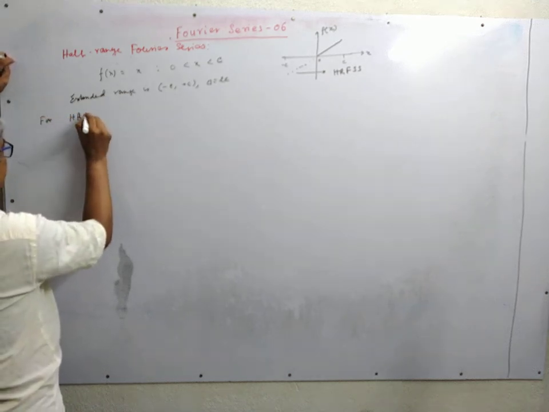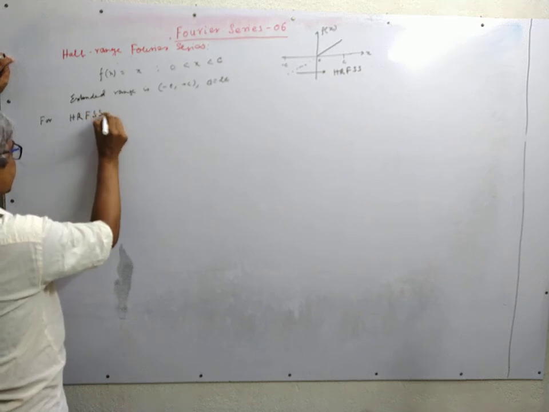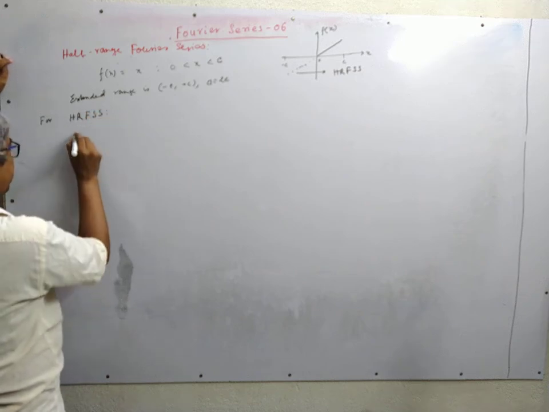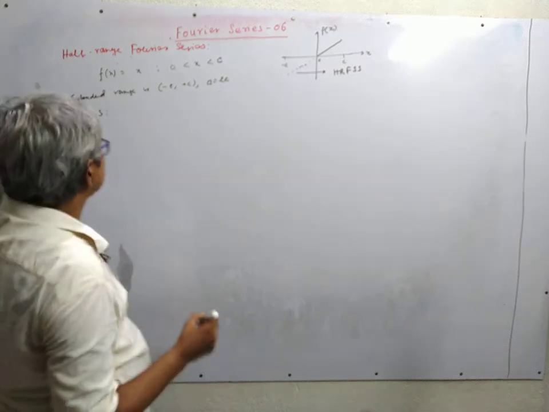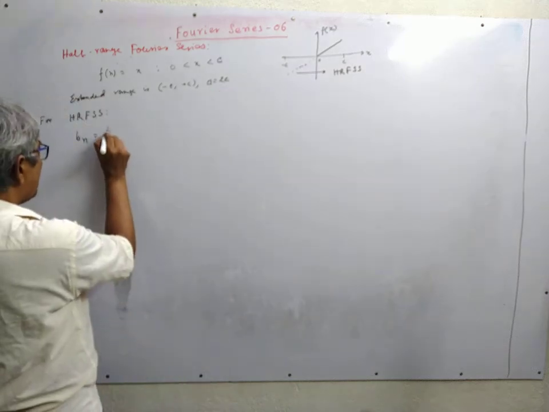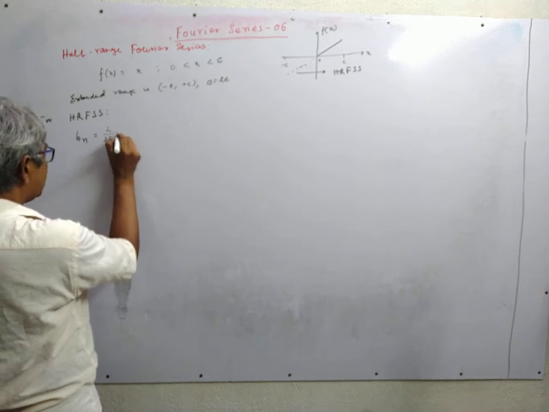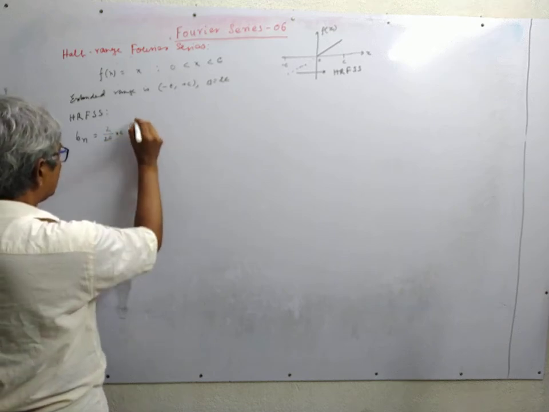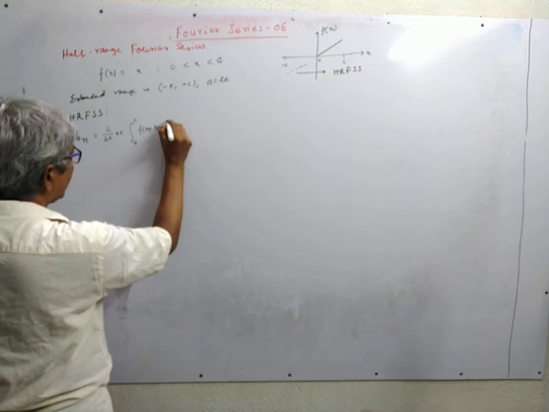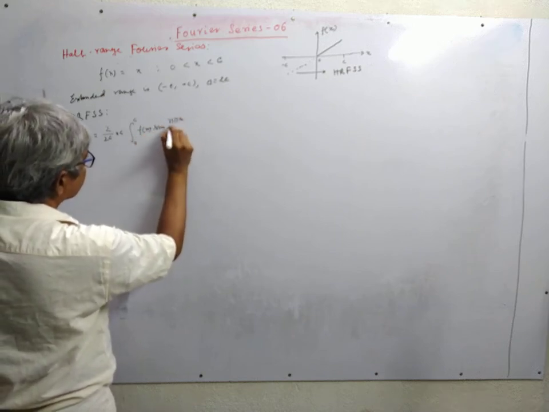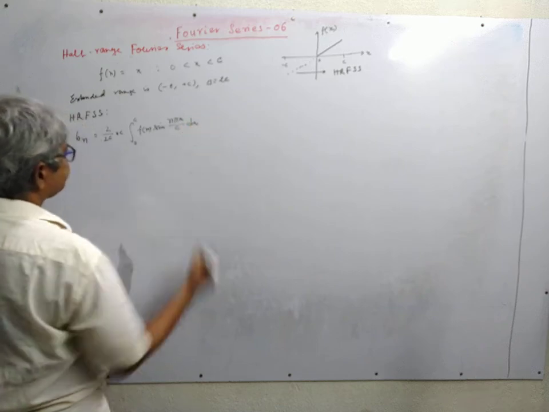For half range Fourier sine series, only bn will be there, and the extension of the function has been shown in this figure. So bn is 2 upon 2c into 2, integral 0 to c, f of x sine of n pi x by c dx.